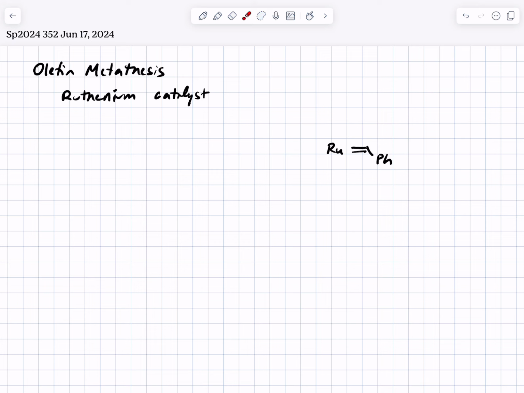There's this unusual ligand. I suppose you could call it an X-type ligand. It's called an alkylidene. If it left, it would leave as that, which would have, let's see, 1, 2, 3, 4, 5, 6.